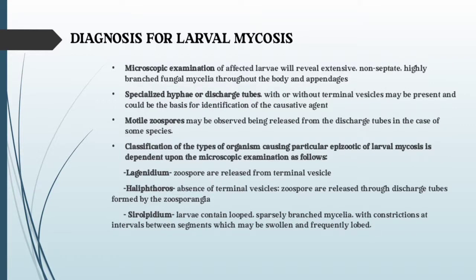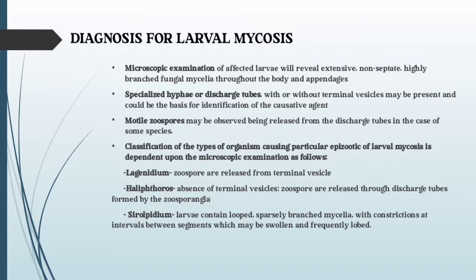Diagnosis for larval mycosis. Microscopic examination of affected larvae will reveal extensive, non-septate, highly branched fungal mycelia throughout the body and appendages. Specialized hyphae or discharge tubes, with or without terminal vesicles, may be present and could be the basis for identification of the causative agent.